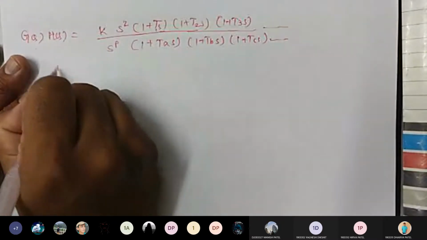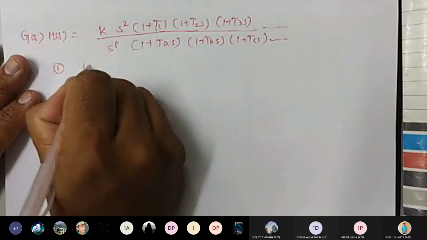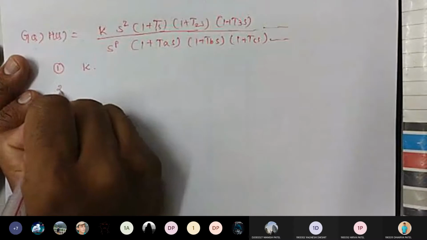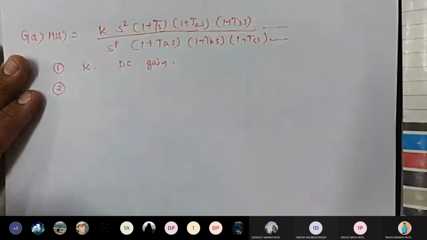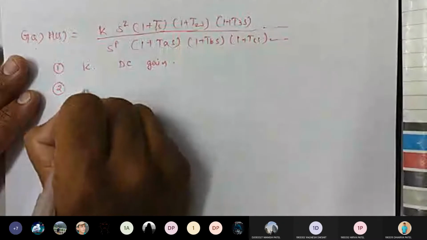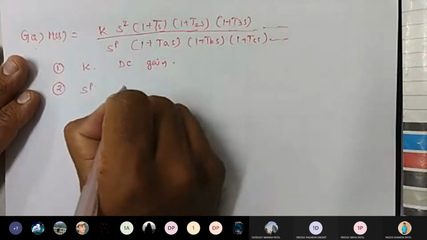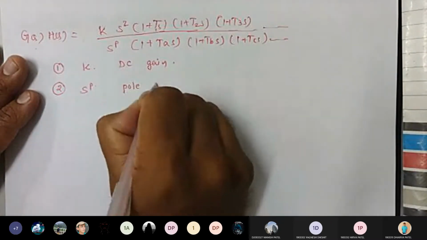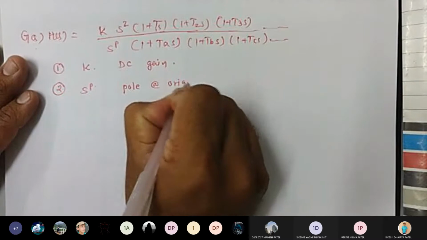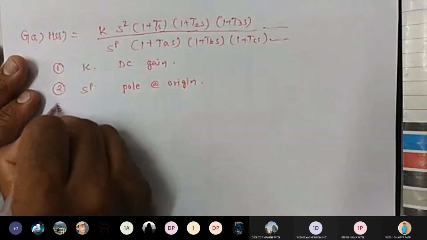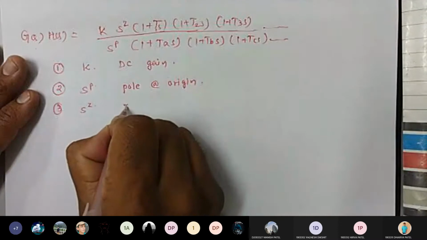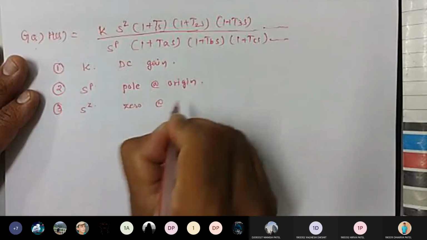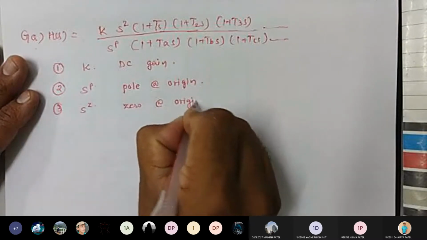Okay, so the first part is nothing but your K part. It is nothing but the DC gain. Second part is s raised to p. I am giving it the name pole at origin. Third part, s raised to z, is nothing but the zero at origin.